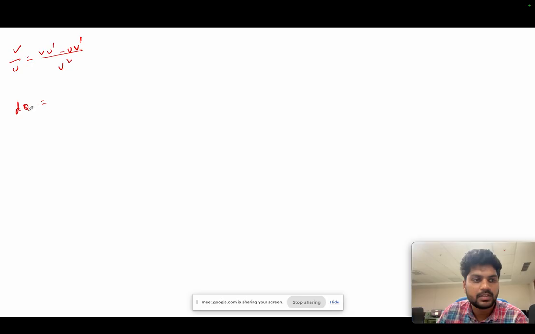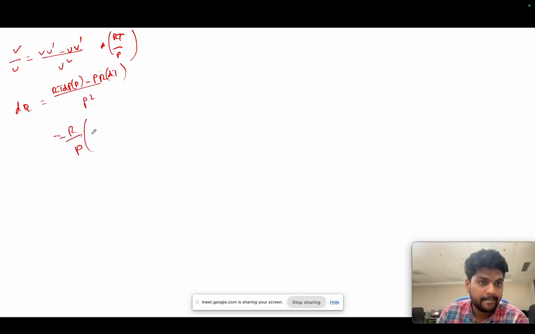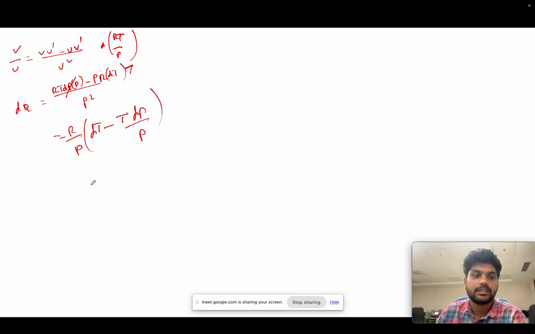If you apply this rule for d of RT by p, we get p squared in the denominator, and RT into dp minus p into R dt. Now if I take R by p common, we get dt minus T dp by p.